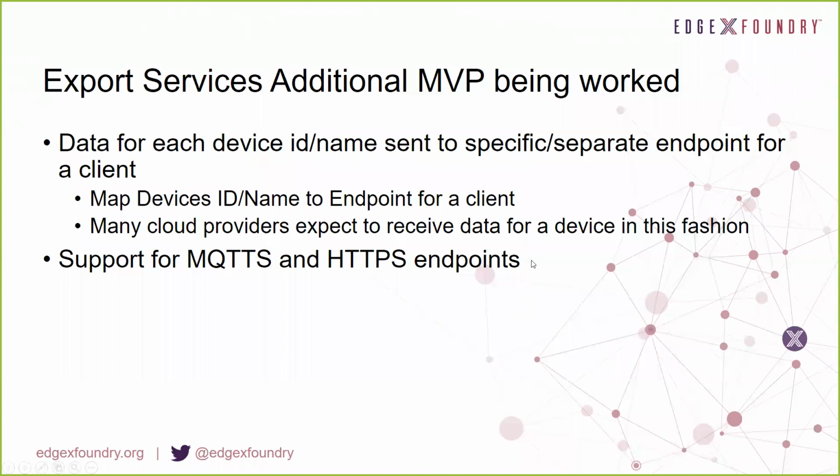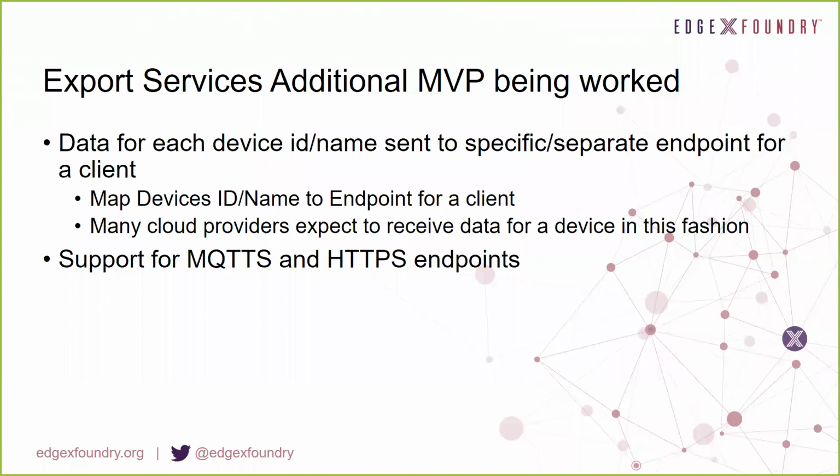First of all, they're looking at adding a capability in the distribution service to develop a map for a client that says, I want these devices to be sent to this topic in MQTT, or in other words, to a particular endpoint. I want these other devices to be sent to this endpoint. The reason we're doing that is we found that many of the cloud providers, your Azures, your IBMs, your Google, those cloud IoT providers want data coming in on a particular channel to a particular topic per device ID.